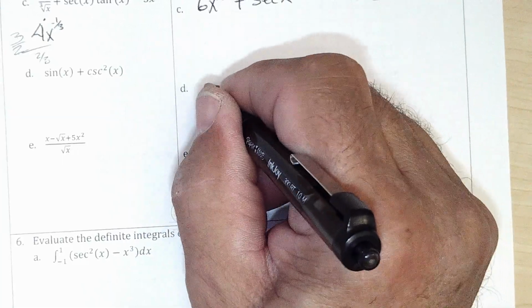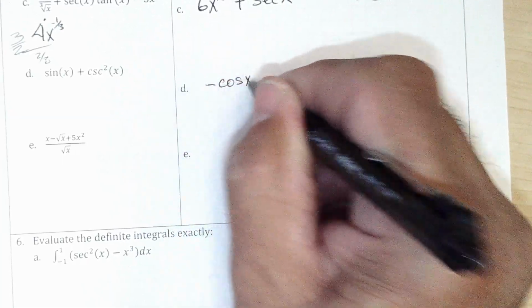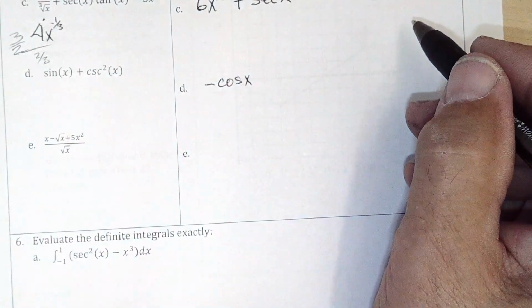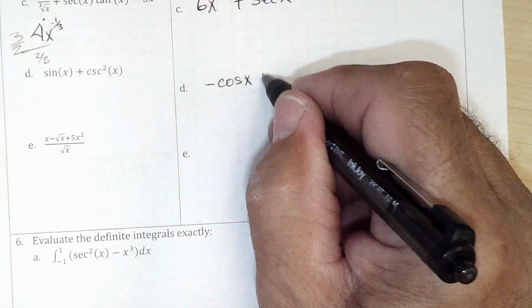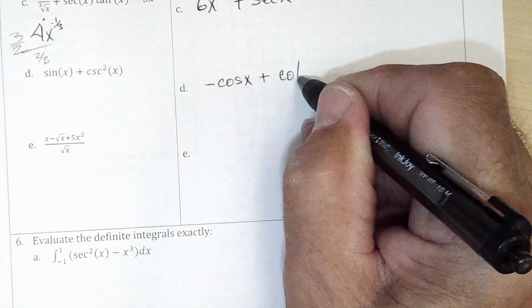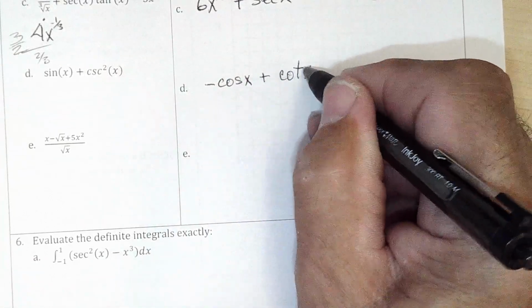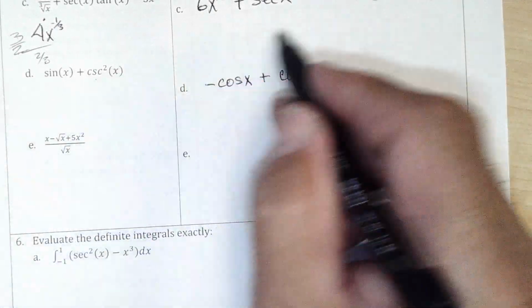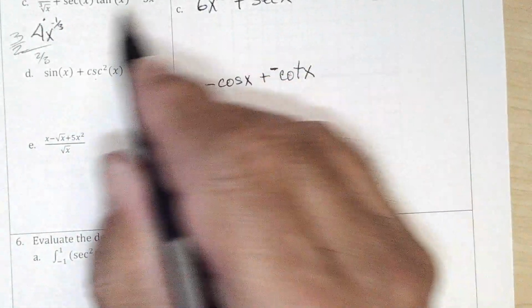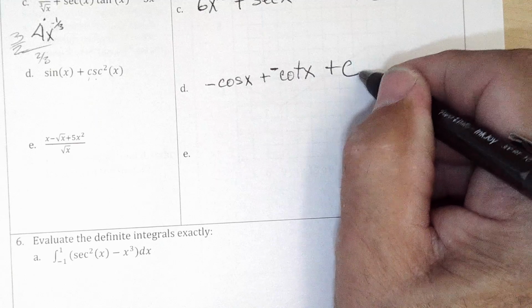Derivative of negative cosine x is sine x. And the derivative of cotangent x is negative cosecant, so I need to put a negative on it, so it's a positive, plus c.